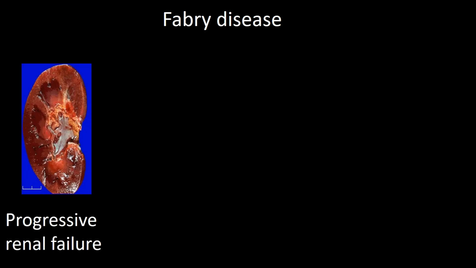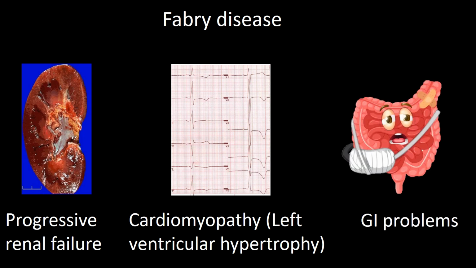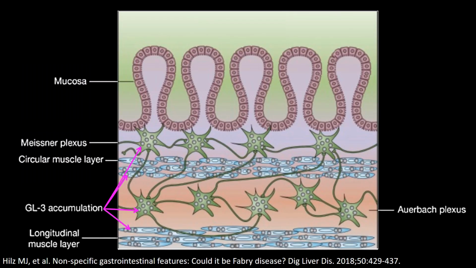Progressive renal disease, left ventricular hypertrophy, which this EKG is a good example of, and GI problems are common in this condition. The GI problems are due to accumulation of GL3 and GL2 in the Auerbach and Meissner plexus, and also in the circular and longitudinal muscles in the intestine.